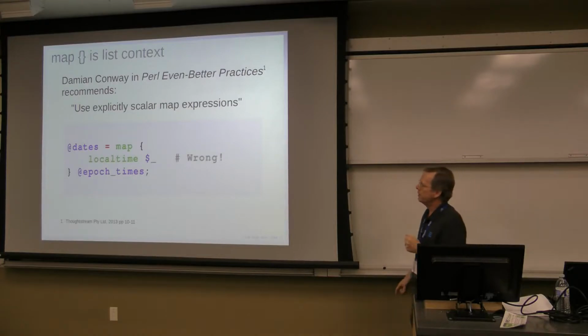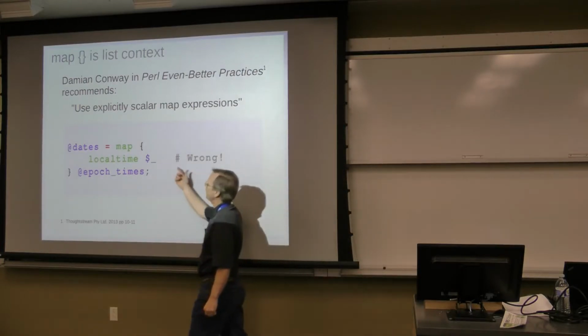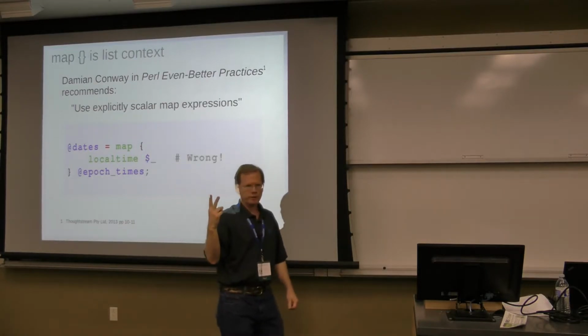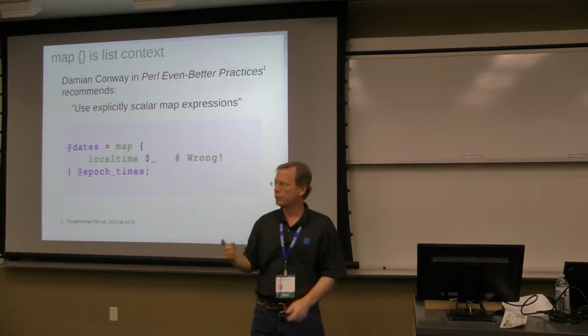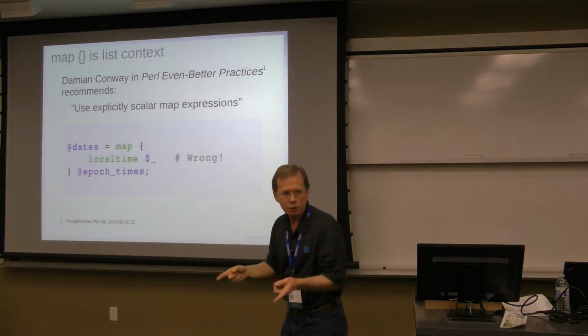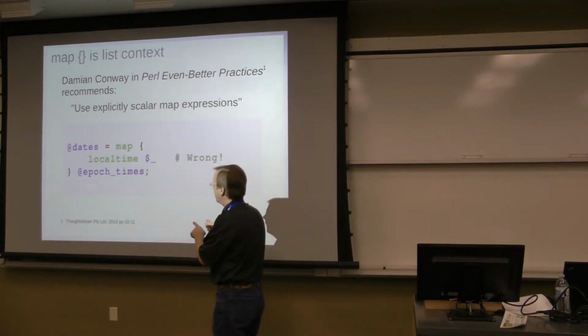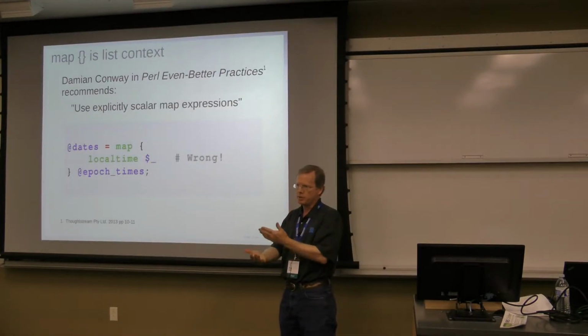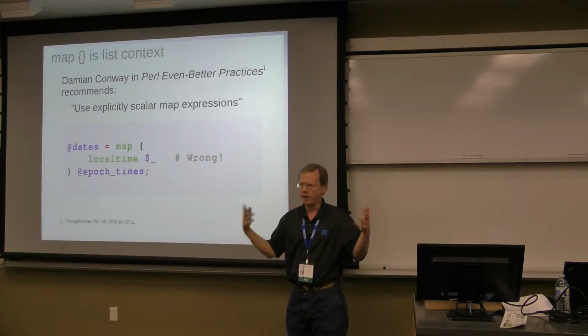Now, in this case, we don't put scalar in. Localtime returns two different things depending on how you call it. If you call it in scalar context, it'll return a nicely formatted string of the current date and time. But if you call it in list context, it will return a list of numbers corresponding to the year, minute, second, hour, day of the week, and all that stuff.